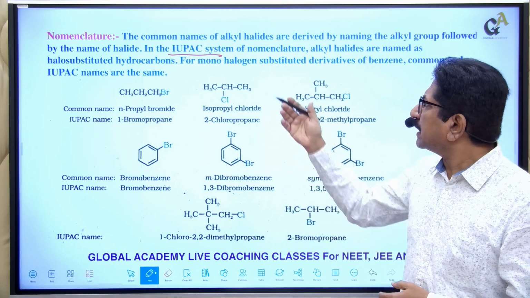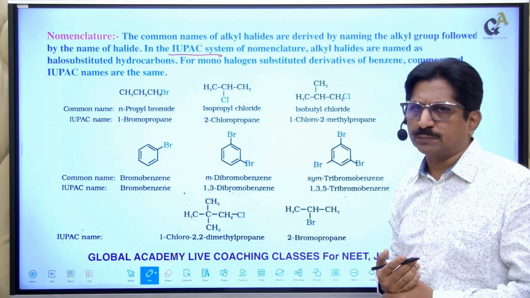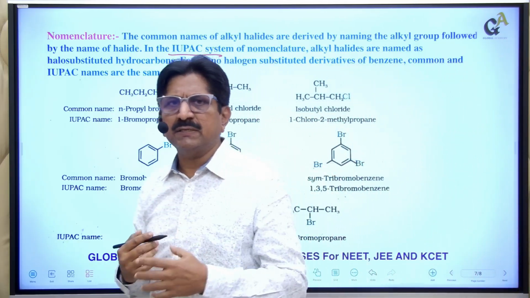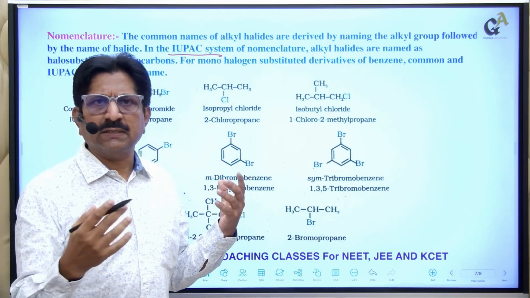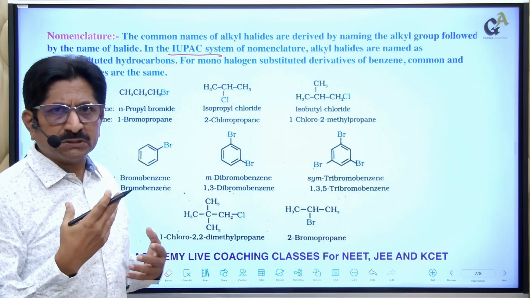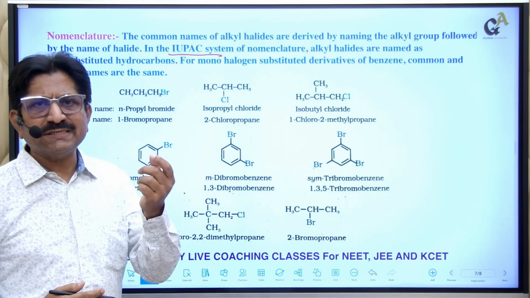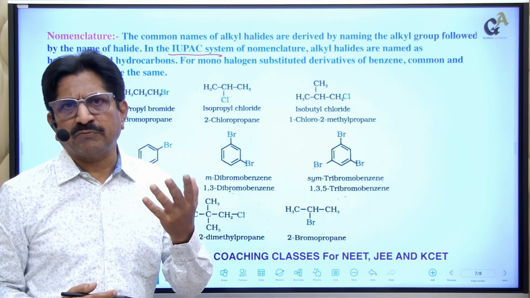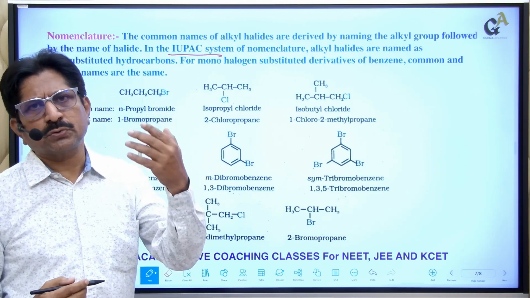The common names of the alkyl halides are derived from the names of the alkyl groups, directly from the parent compound. In IUPAC naming, the longest chain we have to take as the parent chain, and as we know, the halogen is a functional group, and hence the functional group will have a higher priority, and based on that we have to name it.